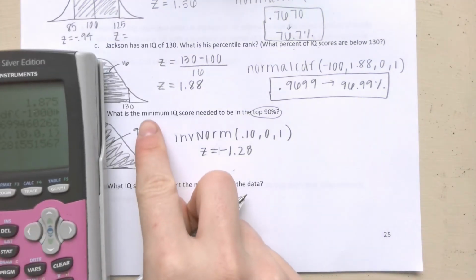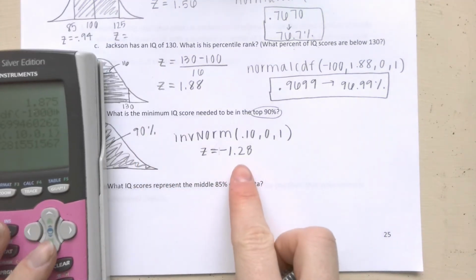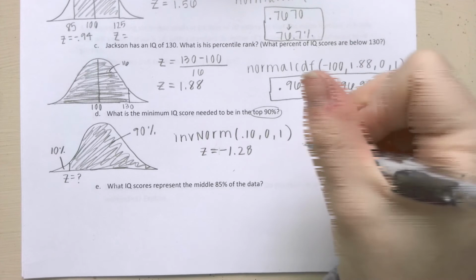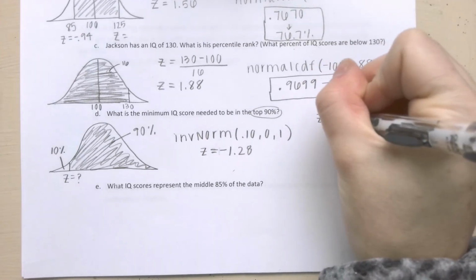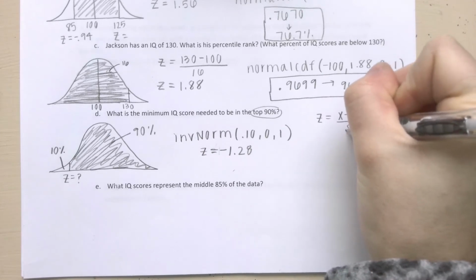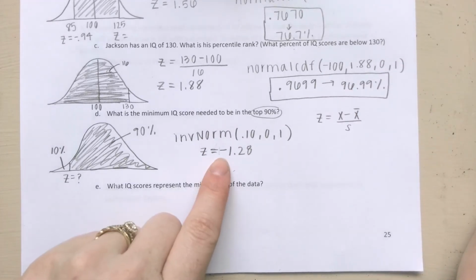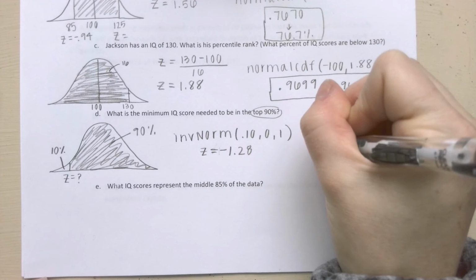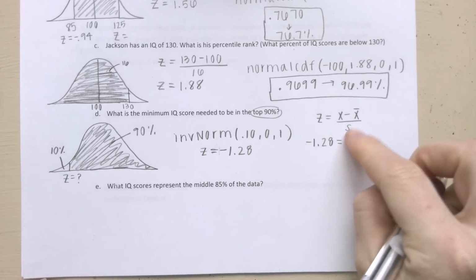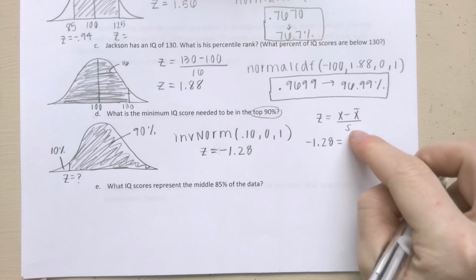Now, it was asking for the minimum IQ score. Right now we only have a z-score, so we want to convert this z-score back into an IQ score. So using that z-score formula, that z equals x minus x bar over s, we know that z is negative 1.28. The mean and standard deviation are still going to be 116.